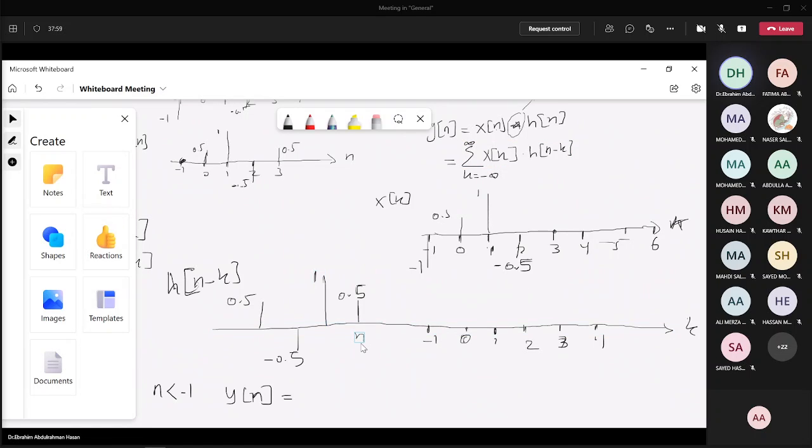If n is less than minus 1, and you multiply these two together, you will get 0. Everything is 0, because each point is multiplied by 0. So y of n equal to 0.